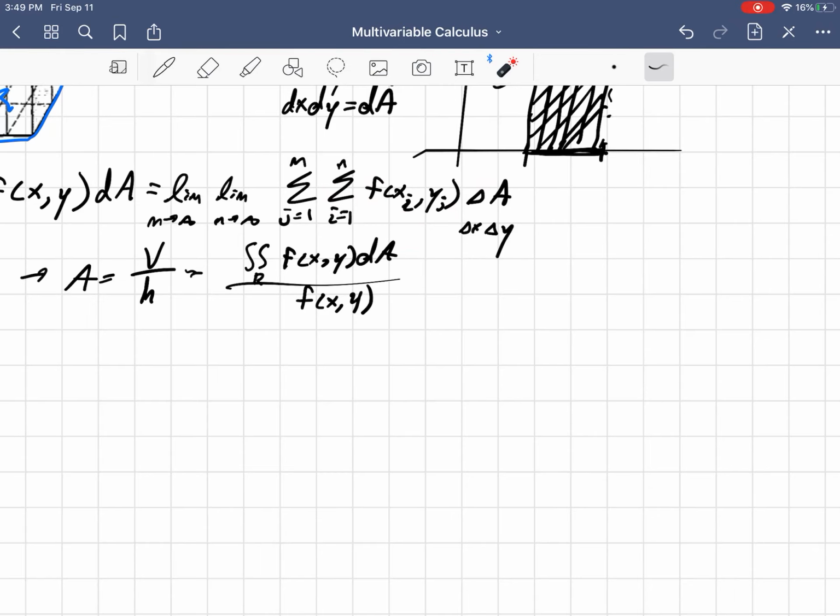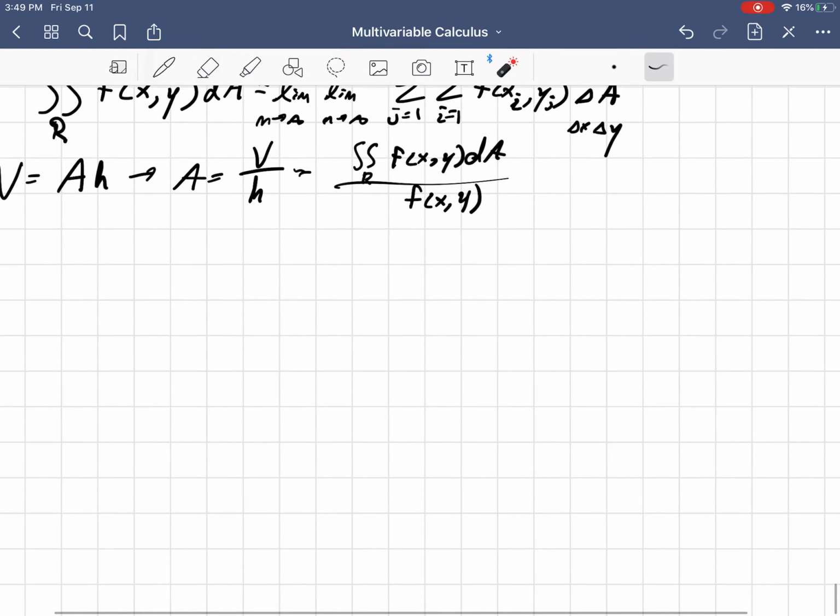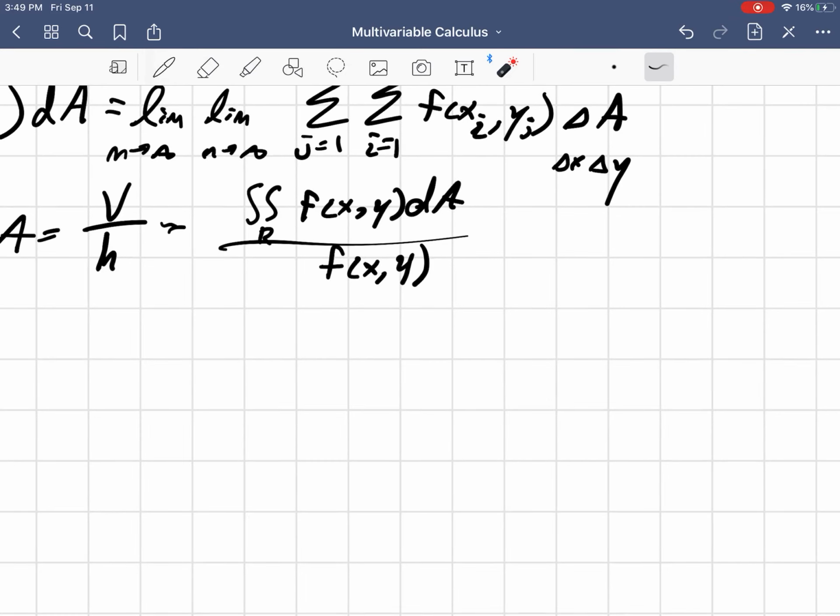And so what that allows us to do is, if we treat this like a sum, and each individual term has an f of x, y somewhere in there for each x and y point within our region R, then we can factor that f of x, y out, and we'd have f of x, y times a bunch of other stuff, right? But then we can cancel it with that f of x, y on the denominator. And so in other words, this is actually the double integral over R of 1 dA.